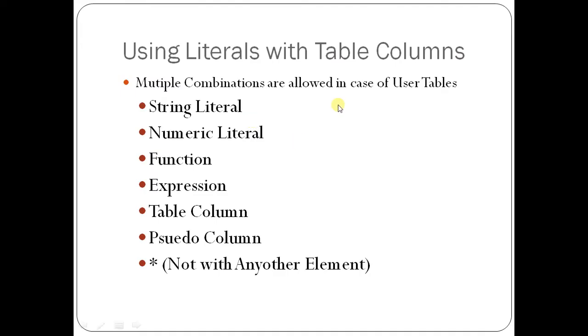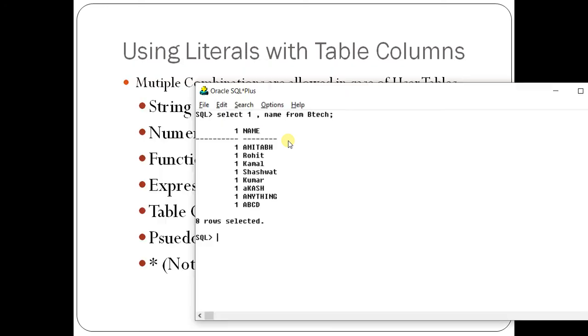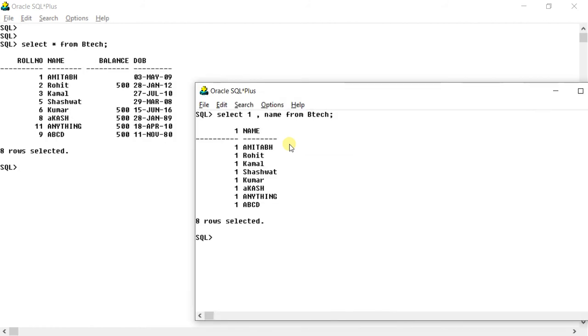Now, what can you use? You can use a string literal, and you can use a numeric literal. What is a numeric literal? Just now we have used 1, so 1 is a numeric literal. What is a string literal? Let us see an example. Select 1 is a numeric literal, Kapil is a string literal, name from BTEC.